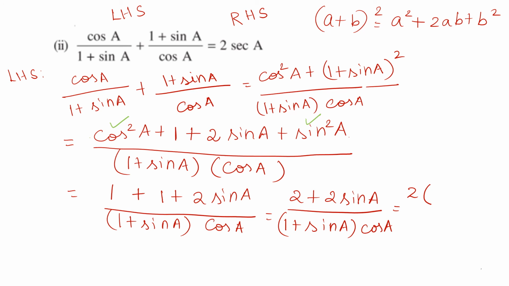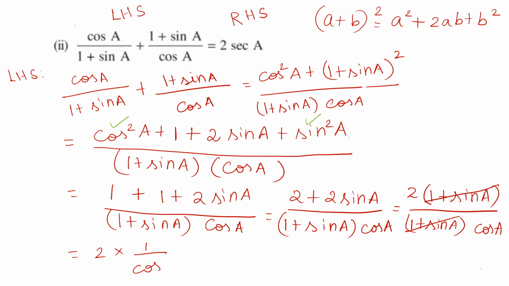Here 1 will come, and sin A will come, so (1 plus sin A) by (1 plus sin A) into cos A. So this 1 plus sin A and 1 plus sin A get cancelled. We get 2 into 1 by cos A.